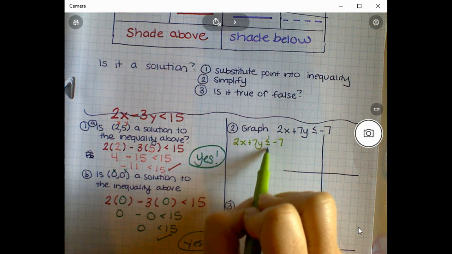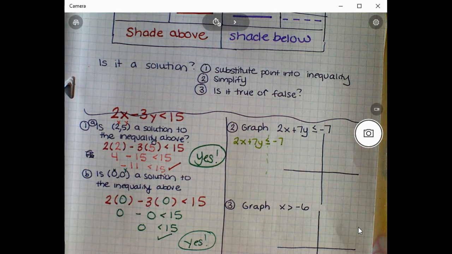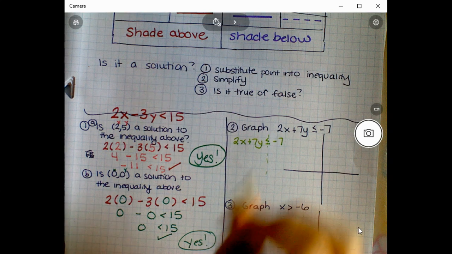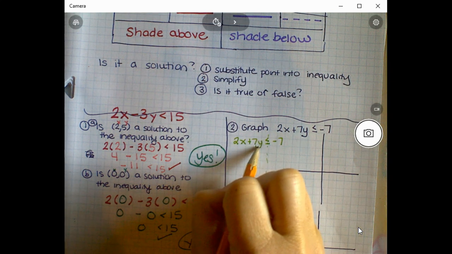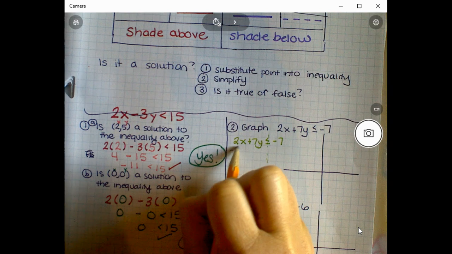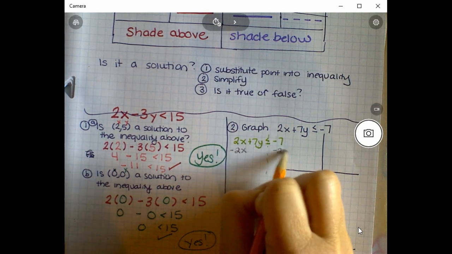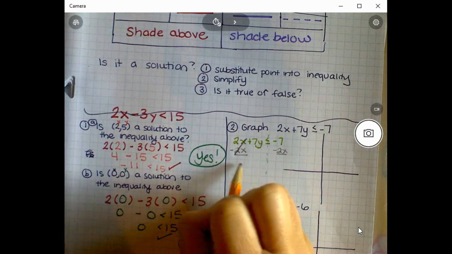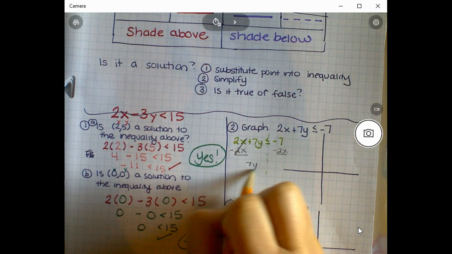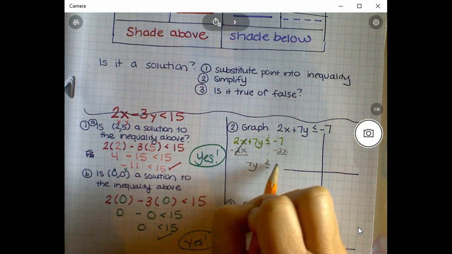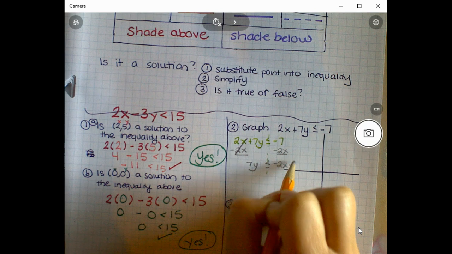We're going to follow the same kind of steps that we used when we were doing this for equations. We want to move everything away from the y. So I'm going to start with the 2x, and I'm going to subtract 2x from both sides. Now we have 7y is less than or equal to negative 2x minus 7.